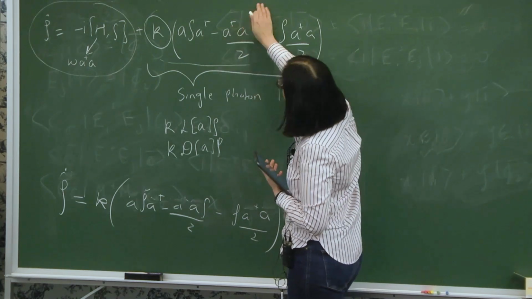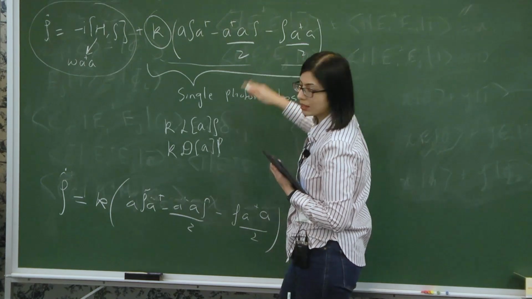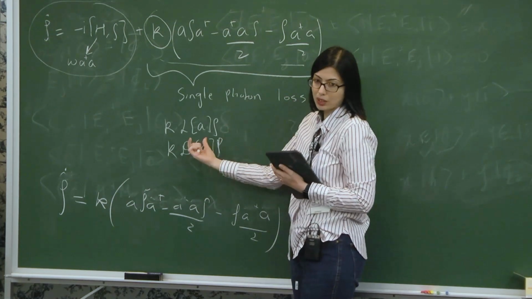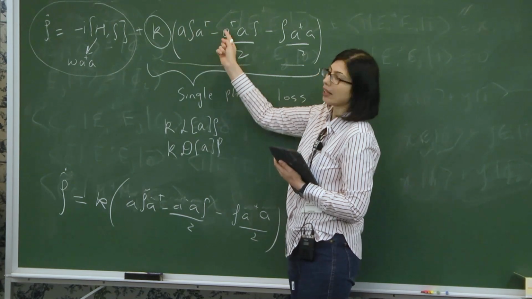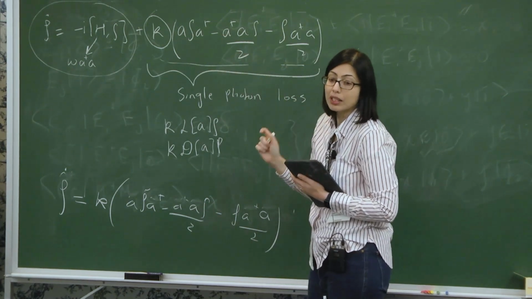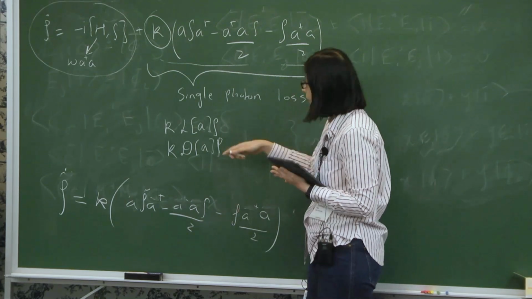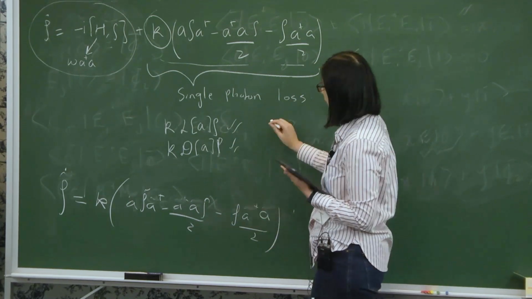This whole thing, these 3 terms, are sometimes written like this. As soon as I write L A rho, it means A rho A dagger minus A dagger A rho by 2 minus rho A dagger A by 2. It's the same thing. People use this notation or that notation.